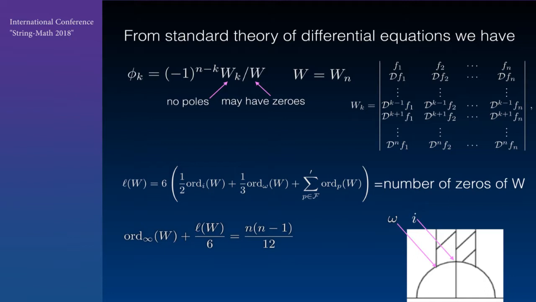And what I think in the physics literature is often called the number of zeros of this modular Wronskian is 6 times the sum of the order of W at the Z2 and Z3 orbifold points of the fundamental domain, plus a sum over all interior points, points other than these orbifold points. And then there's a kind of Riemann-Roch type relationship that tells you the order of W at infinity plus this number of zeros over 6 is equal to the weight over 12, and the weight of the modular Wronskian is n times (n minus 1).